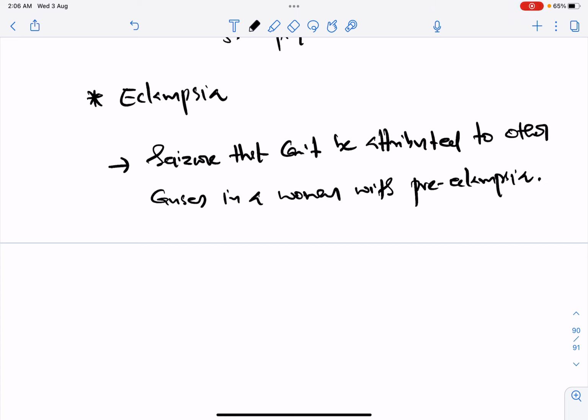There is a woman with preeclampsia developing seizure. The cause of seizure cannot be explained by other reasons. The only reason is preeclampsia. Then only it is called eclampsia.